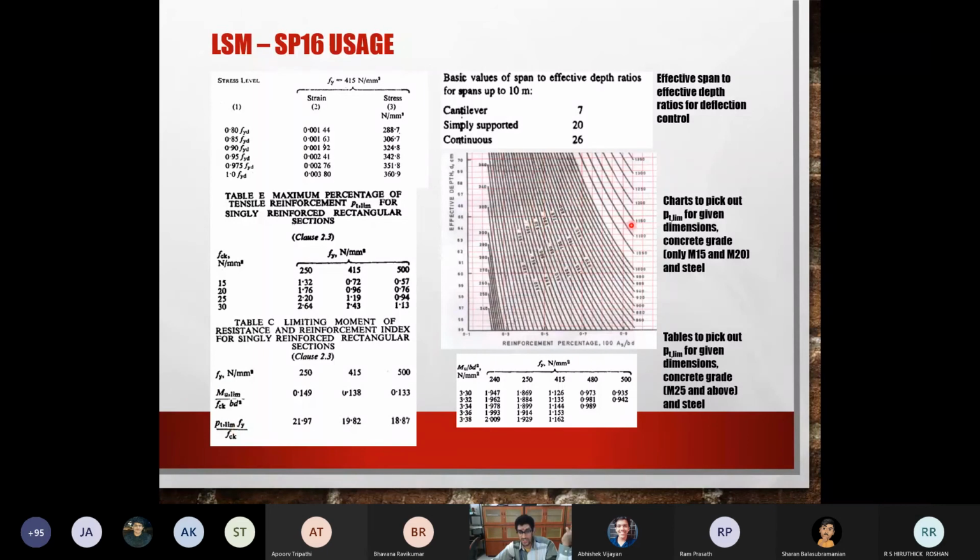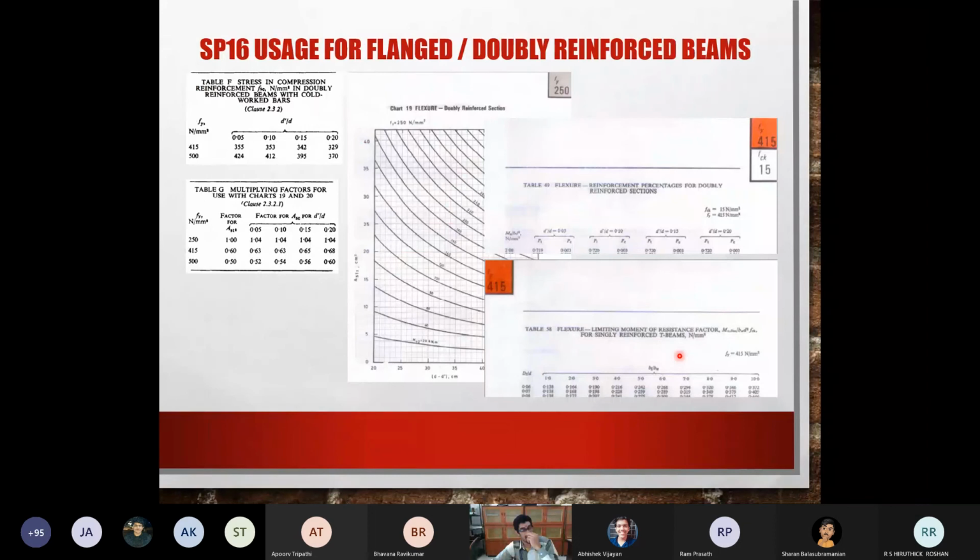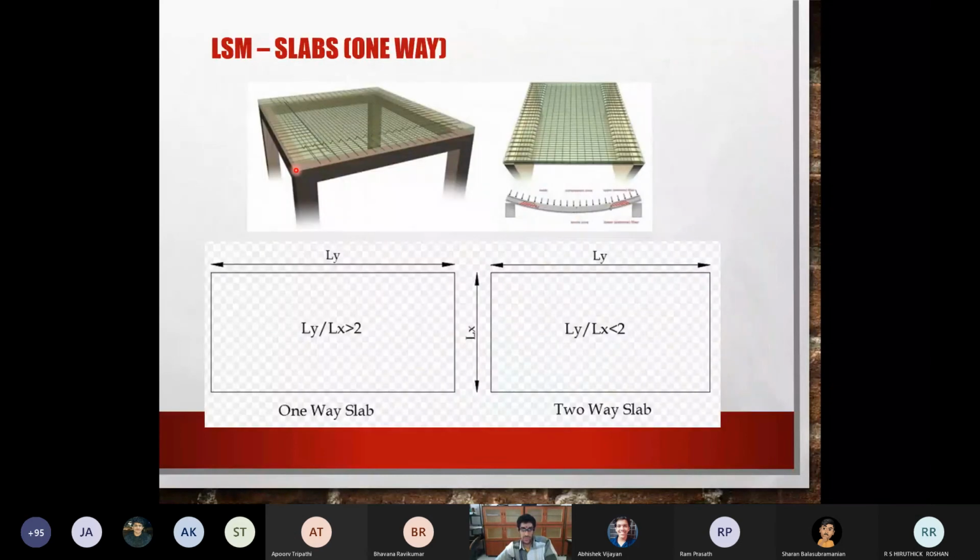Then pick out that number from this chart. That will give you the effective depth and the percentage of reinforcement you need. Alternatively, you can get the same thing by using tables. Both procedures I'll discuss when doing problems. Similarly, for doubly reinforced sections and flanged sections you also have tables. Once we do the problem, I'll tell you.